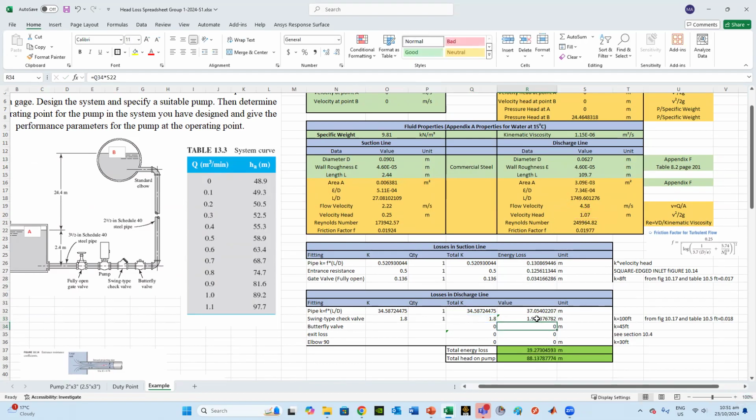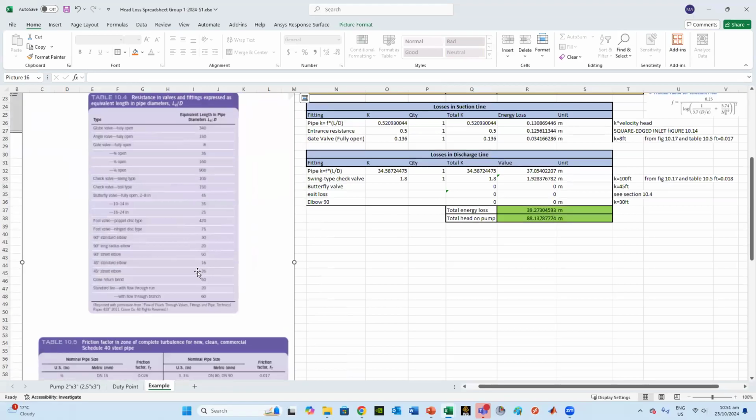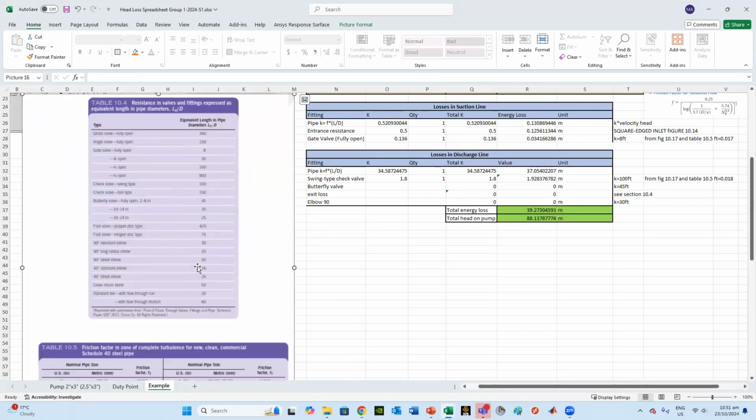To correct that, there were some miscalculations. All right, butterfly valve widely open as well. We will take that from the butterfly valve, and you can see it here from table 10.4.